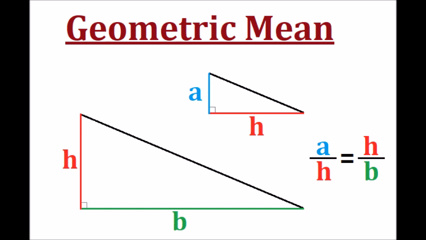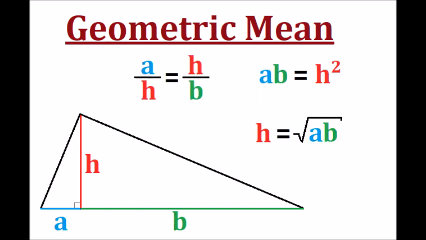Small leg over big leg on one triangle is proportional to small leg over big leg on the other triangle. Using that proportion, we cross multiply. a times b is equal to h squared. Take the square root of both sides. h is equal to the square root of a times b. That is the geometric mean.